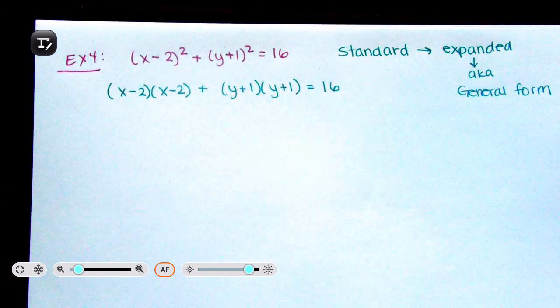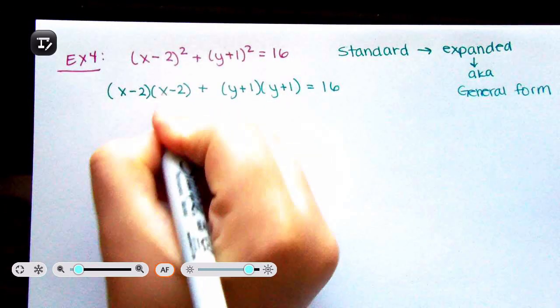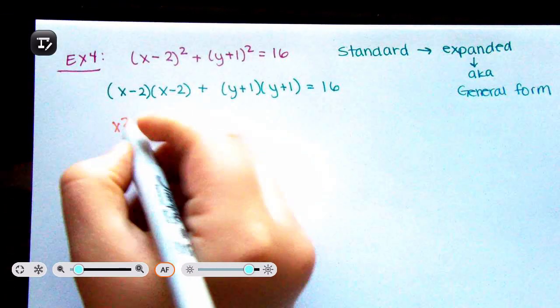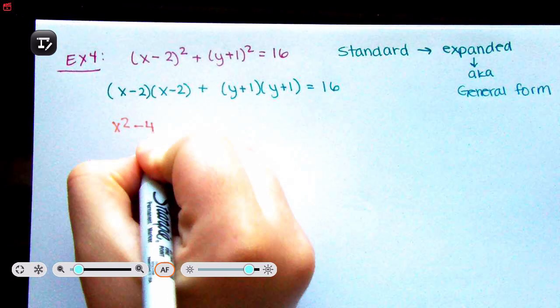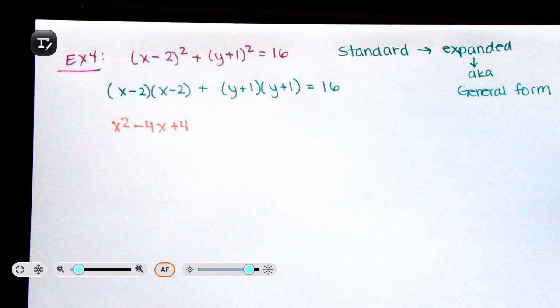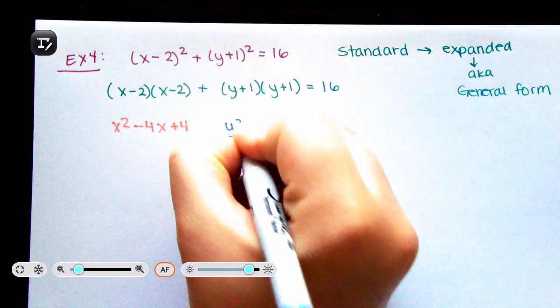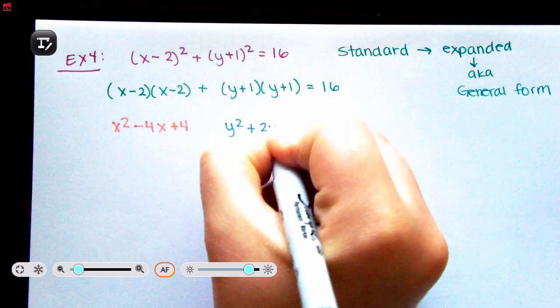Rewrite it and FOIL it if you're ever unsure of what that is. So x squared minus 4x plus 4. I'm going to try to color code it. See how long that's going to take me. Plus y squared plus 2y plus 1.